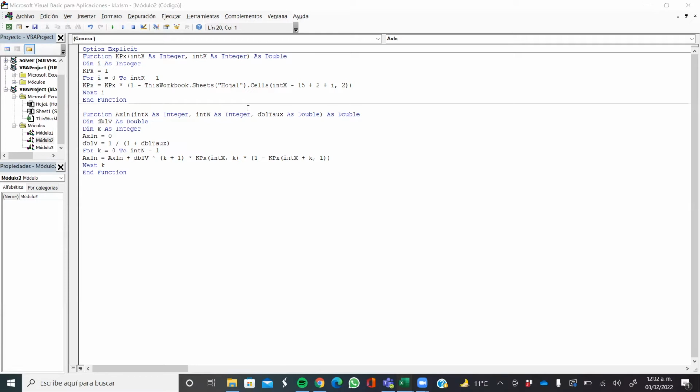It's 1 divided by 1 plus dbl tasa, where dbl tasa is the rate of this exercise. Then we will use a For loop with the variable k equal to 0, and to end the variable int n minus 1, and the loop will continue that many times until the end of the exercise.